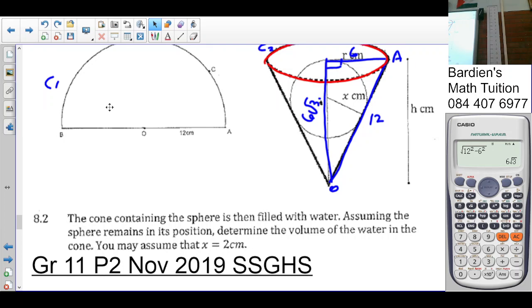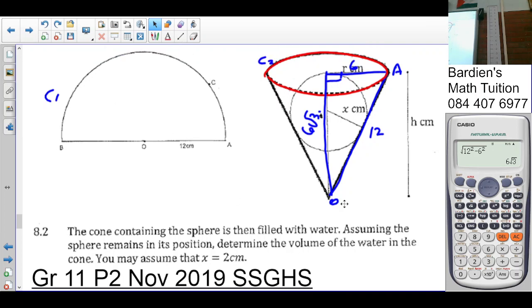Determine the volume of the water in the cone. You may assume that x is equal to 2 centimeters. So in other words, I must calculate the remaining volume of the cone. Not so? So the volume of the remaining space.